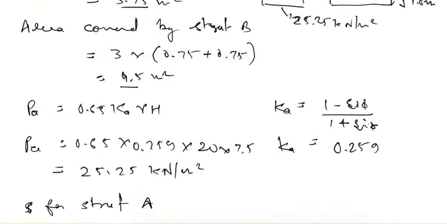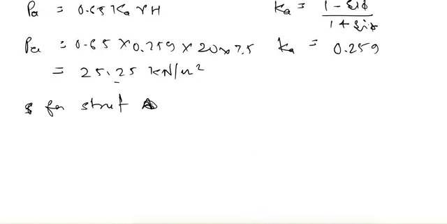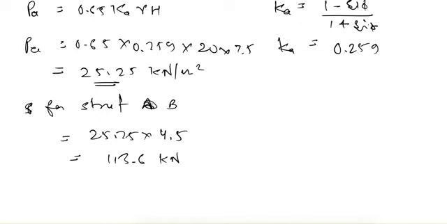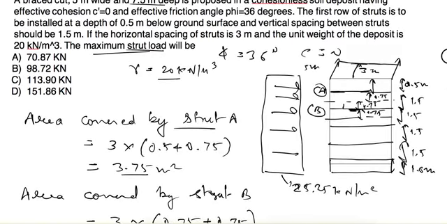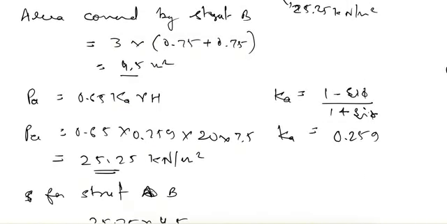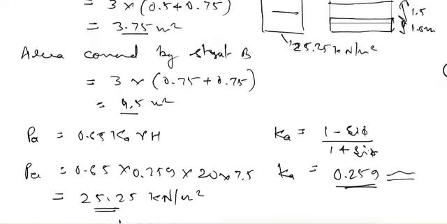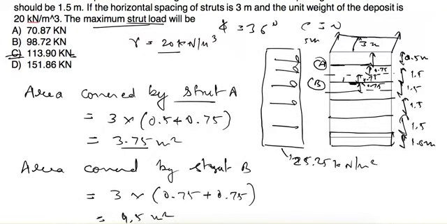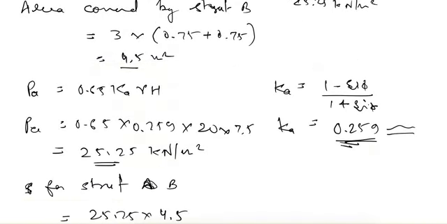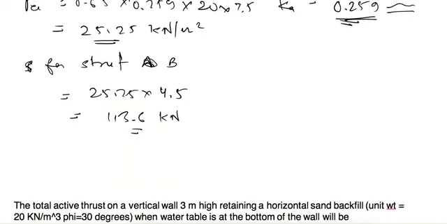So we should just simply multiply this pressure with the area of strut B, that is 25.25 into 4.5, which is equal to 113.6 kilonewton. And from the options, this is the closest option. If you take more decimal places here, then this value will be closer to it, because I have taken only 3 decimals, so it is coming out slightly less.